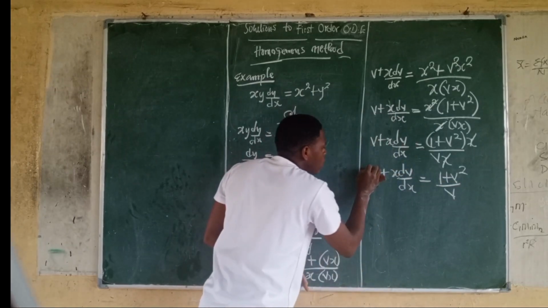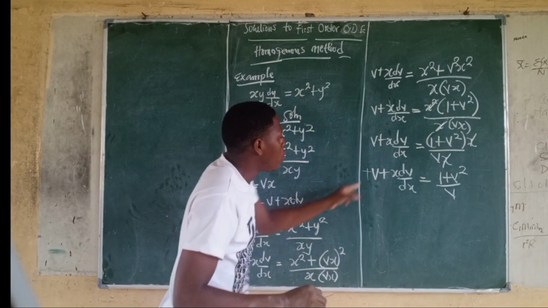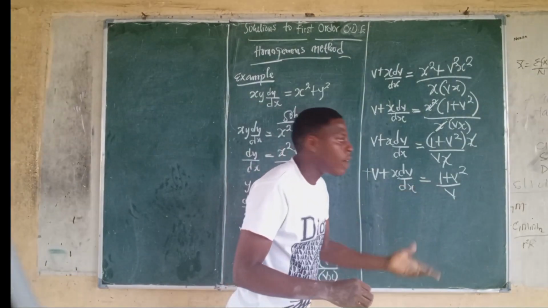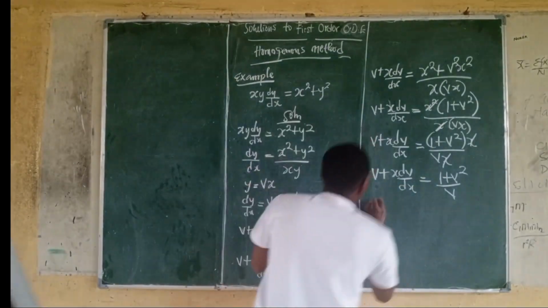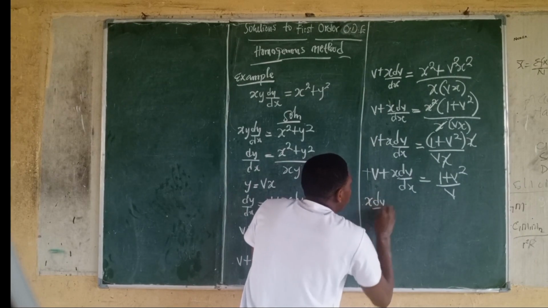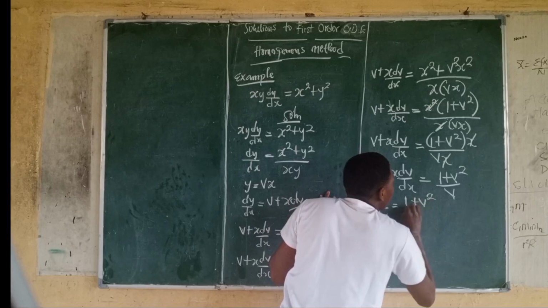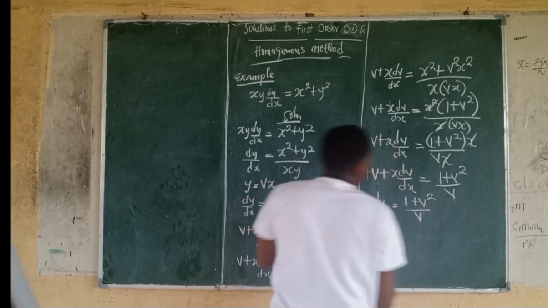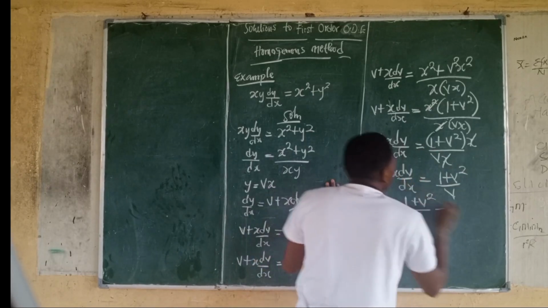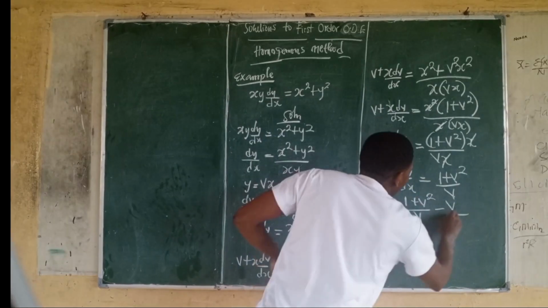We know that the v has a positive sign here, so a positive crossing an equality sign will have a negative. So this will be x dv over dx is equal to 1 plus v all squared over v. Taking this to the other side, we have minus v, which we can say over 1.